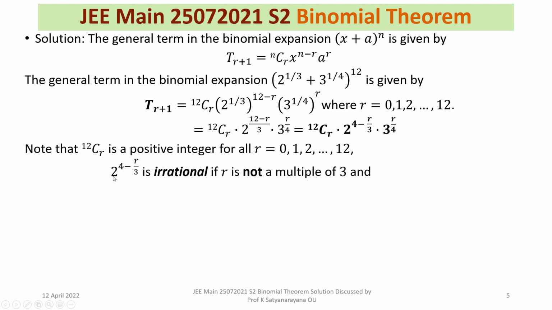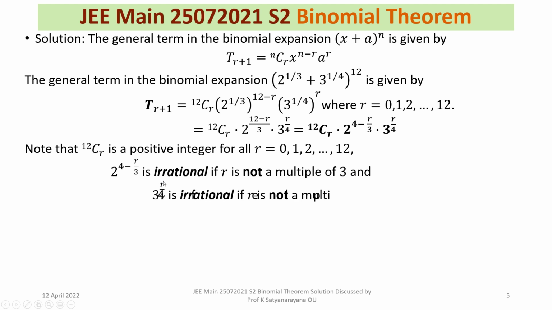Then it will be 2^(4-11/3), taking the LCM and simplifying, it will be 2^((12-11)/3), that is 2^(1/3), the cube root of 2, which is irrational. So this is irrational if r is not a multiple of 3.